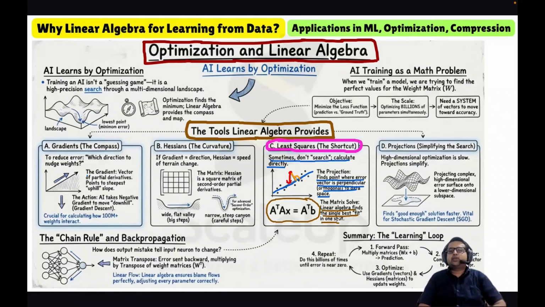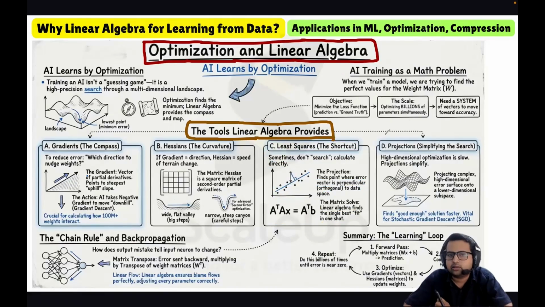That is the least squares method. It's a tool of linear algebra using which we can calculate the best answer rather than searching for it.